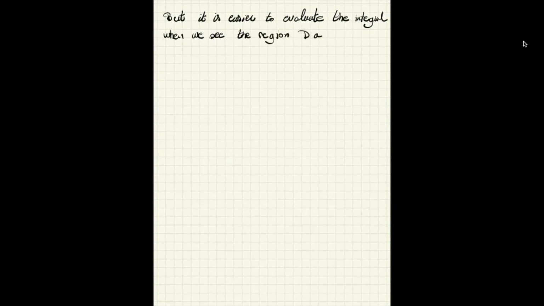But it is easier to evaluate the integral when you see the region D as a type 2.